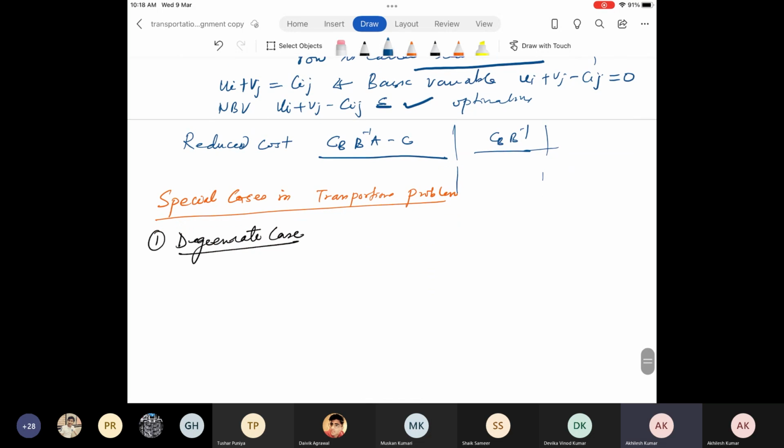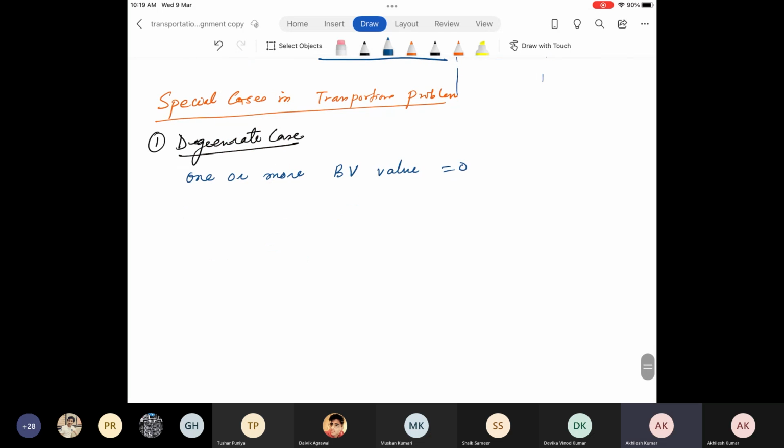When do we say a solution is degenerate? When one or more basic variable values are equal to 0. If you remember one of the solutions we got for least cost, and in fact VAM also, I will just write that up to discuss at this point.